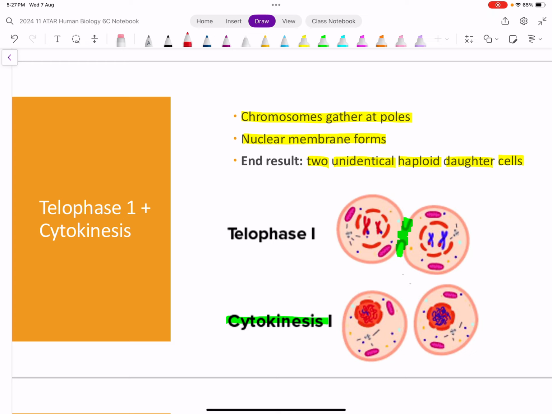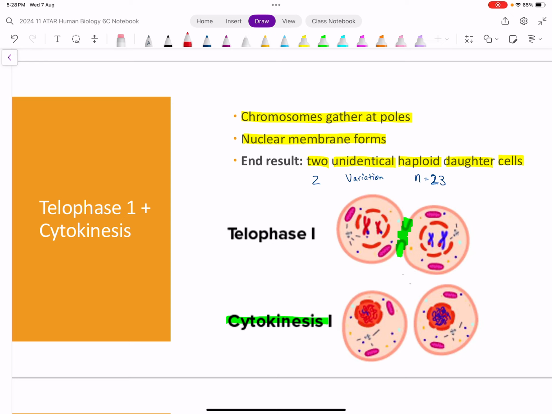To break it down: 2, nice and easy; non-identical, so we've had some variation. When we talk about haploid, we know that they are the n number. n equals 23 chromosomes, and they are daughter cells.